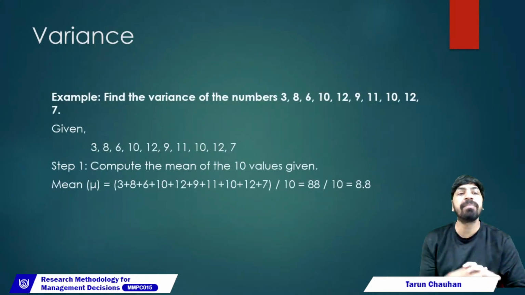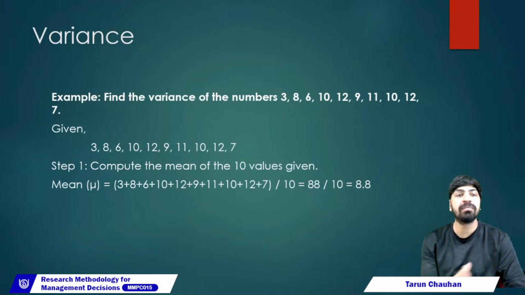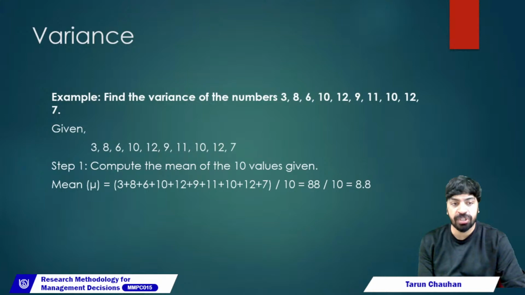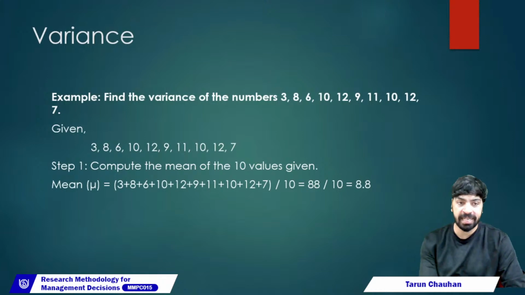So this is an example of calculating the variance. A particular data set has been given to you: 3, 8, 6, 10, 12, 9, 11, 10, 12, 7. Calculate the mean of these values, which is 8.8.